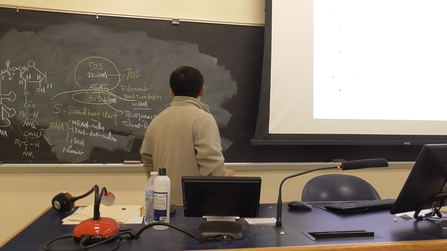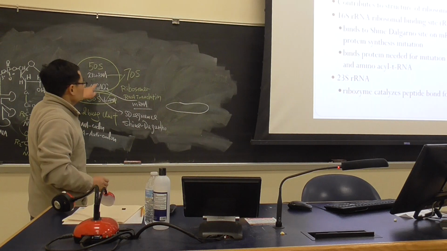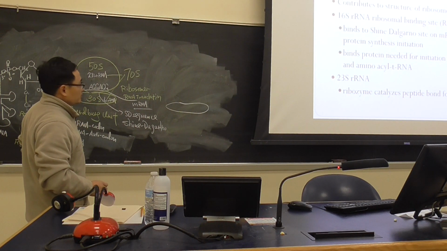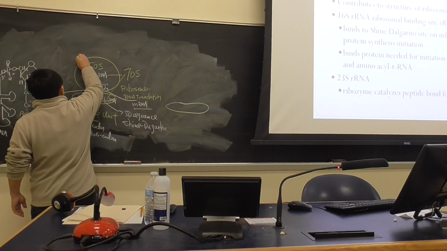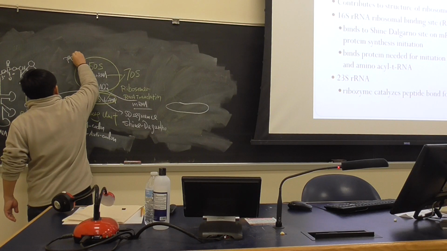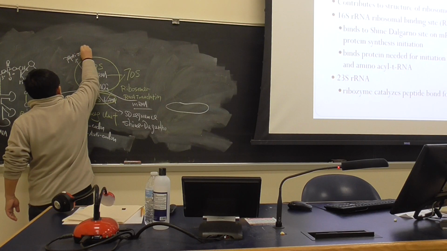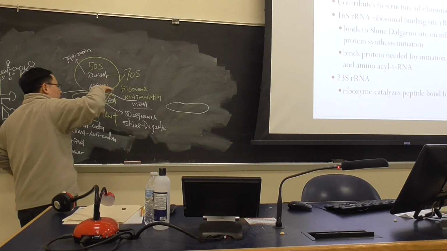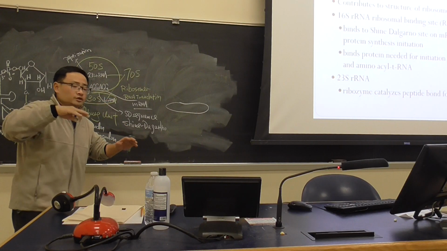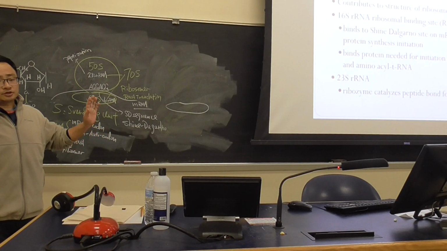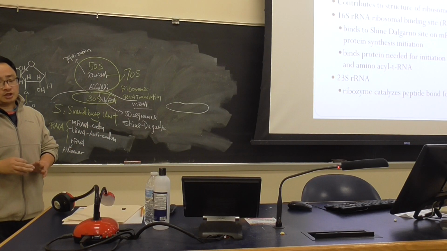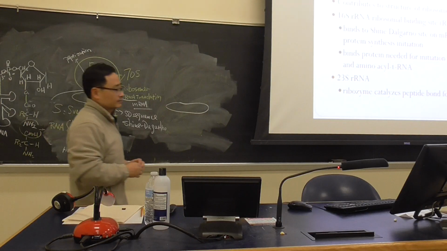And we also mentioned inside of the 50S subunit, there's 23S rRNA. This is for peptidyl formation, which means you have amino acids coming. We need to become a peptide, which is a long or short chain of amino acids.